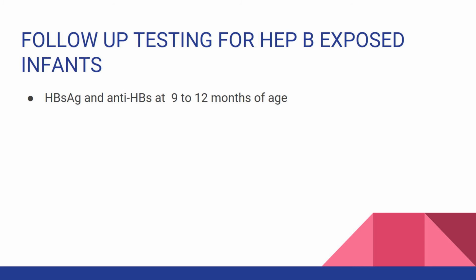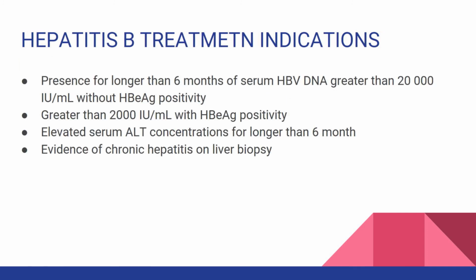That's very important, because if you have a positive result at this time, then that tells us that the child has been infected. And those children who are found to be infected should be followed up closely. There are hepatitis B treatment indications that we have to follow for those children.